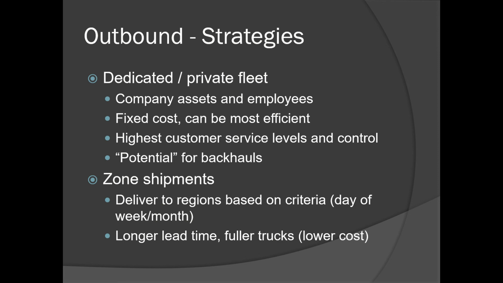Another strategy that we used to implement with some of our outbound customers is something called a zone shipment or zone delivery schedule. Basically, you set up certain regions of the country or regions of your geographic area, and say, every Monday we'll deliver to the Northeast, every Tuesday Midwest, Wednesday Southeast, etc. And then throughout the days and weeks, whoever your customer is, they can know based on which zone they're in when they can expect a delivery.